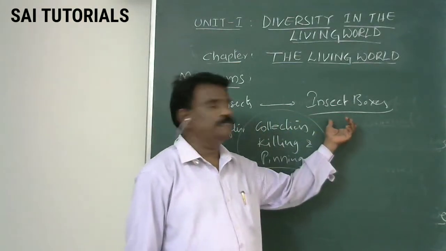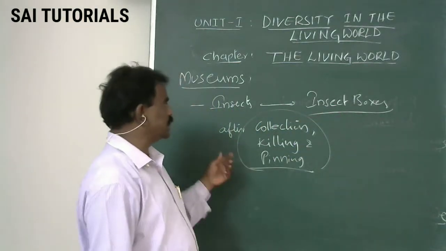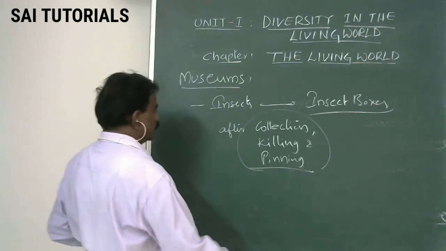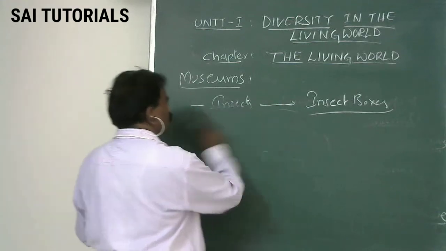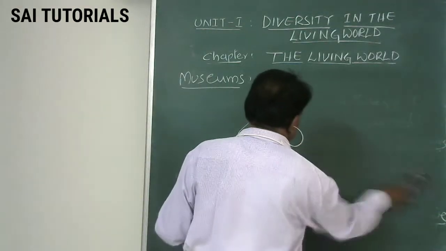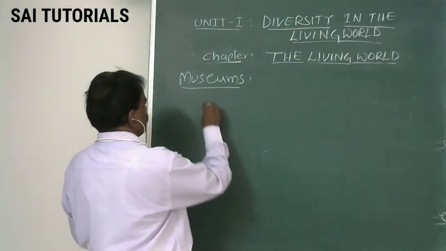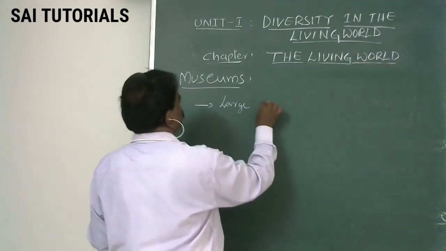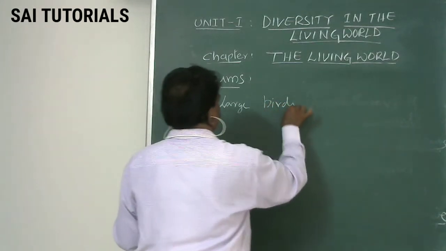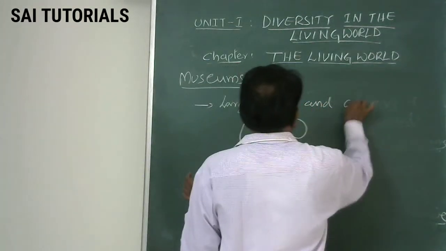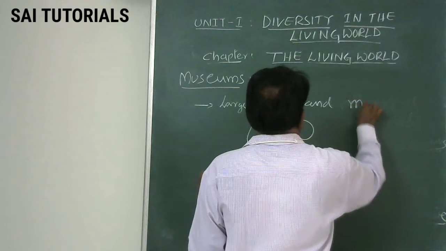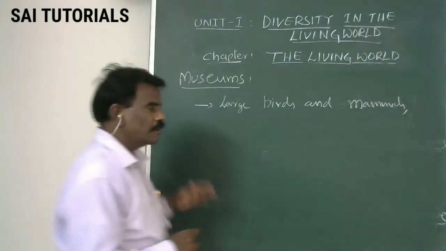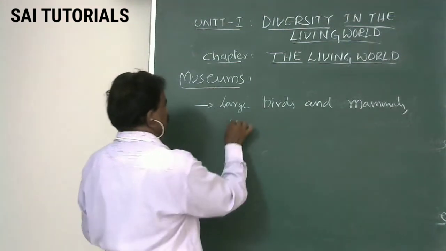And another one, large birds and mammals are used as preserved forms by stuffing.